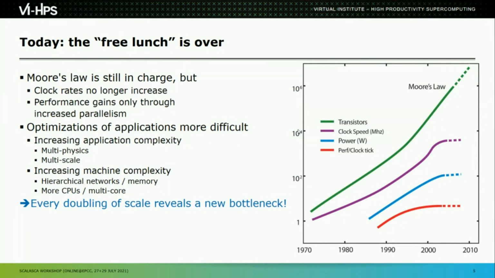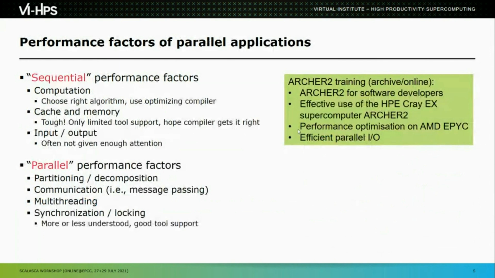The machines where you're trying to get them running effectively are more complex. And it's our experience that every time you go to a new machine, every time you increase the scale, there are new issues that come up that are limiting your performance, a new bottleneck that prevents you getting the efficiency and results that you're expecting from that new resource.